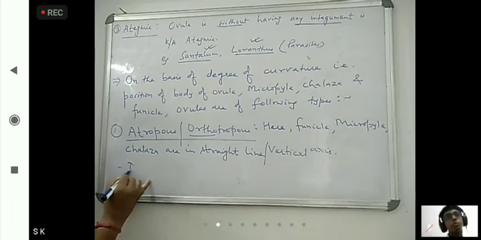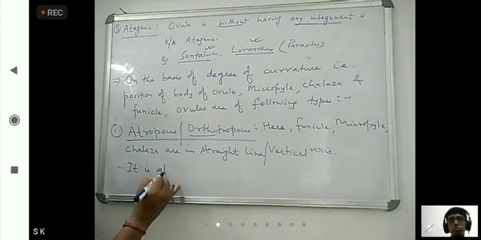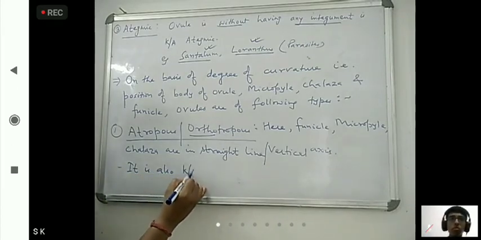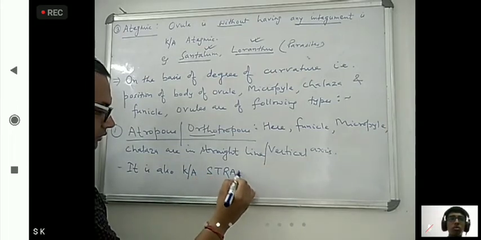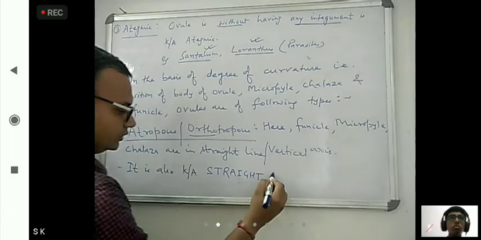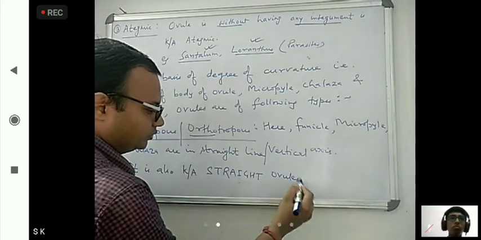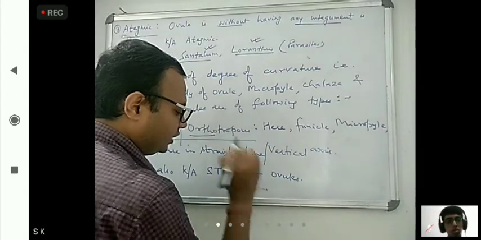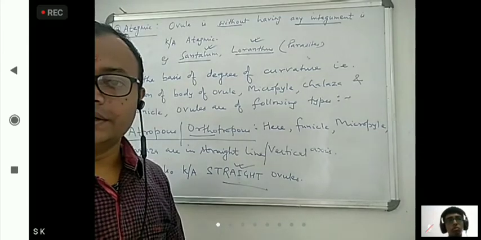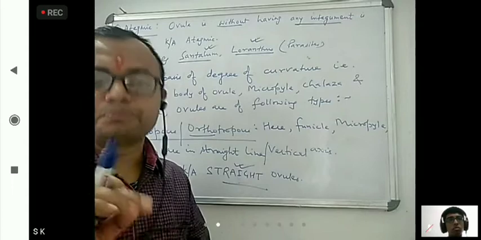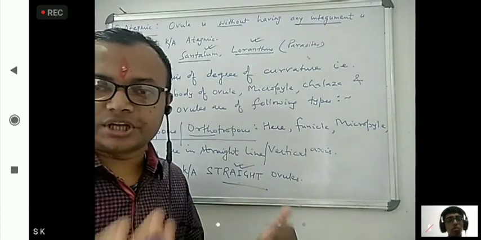It is also known as straight ovules. This you have to remember. Okay, it is also known as straight ovules, and this is the most primitive type, ancient type of ovule.